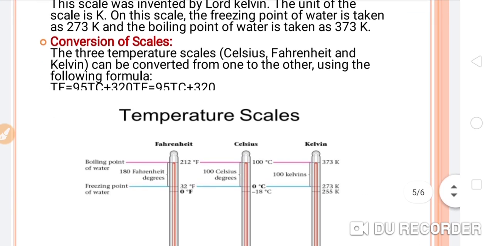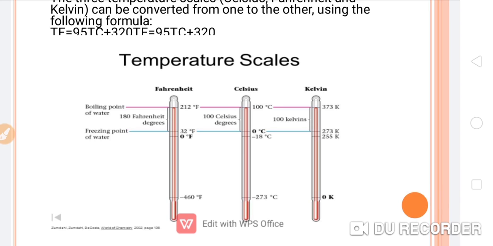You can see in this picture the different scales: first the Fahrenheit scale, second the Celsius scale, and third the Kelvin scale, and on all of these scales you can see the boiling point and the freezing point of water. The boiling point of water is 212 Fahrenheit, 100 degrees Celsius, and 373 Kelvin.